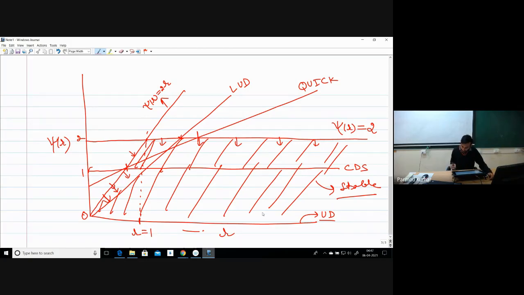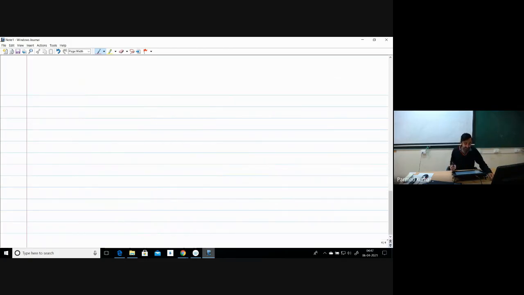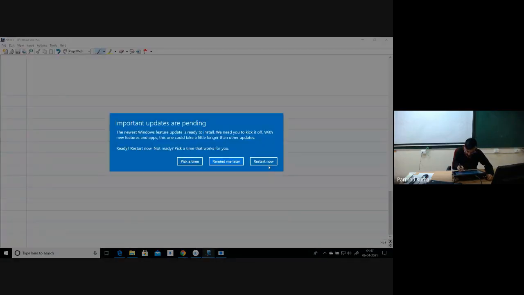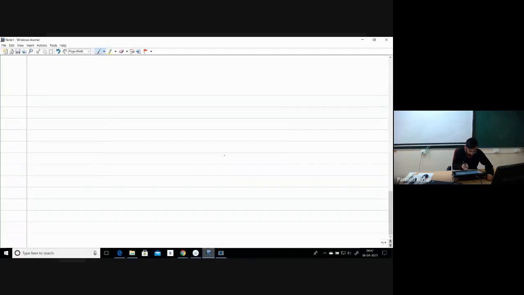In order to meet the criteria of higher order of accuracy and ensure stability alongside, Sweby has also given one more condition to ensure a minimum of second order accuracy. This is also an important condition.